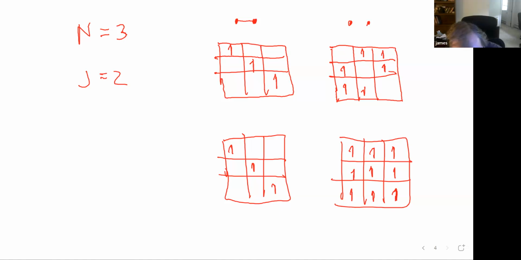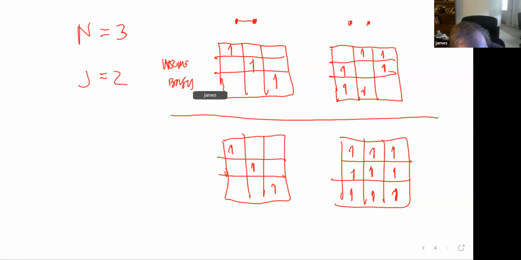So this is in the Hecke basis, and this is in the Frobenius basis. And so I'm claiming there's a Möbius inversion thing.